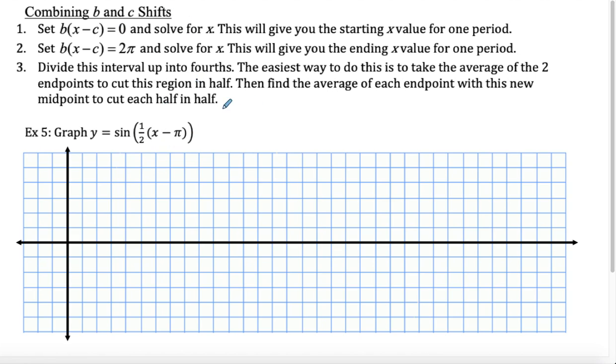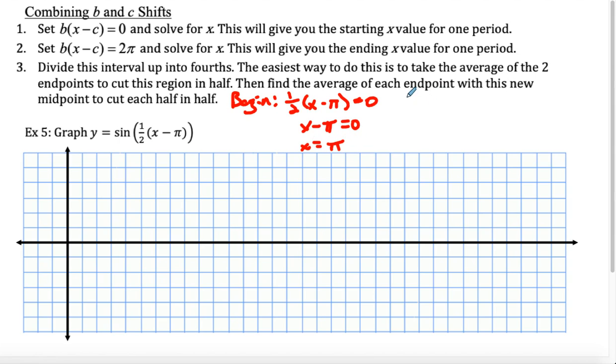All right, so my beginning, I'm going to say 1/2 times x minus pi equals 0. Solve that. If I multiply both sides by 1/2, well, 0 times 1/2 would just go away. So I just have x minus pi equals 0. Add the pi over, and this tells me I'm going to start at x equals pi.